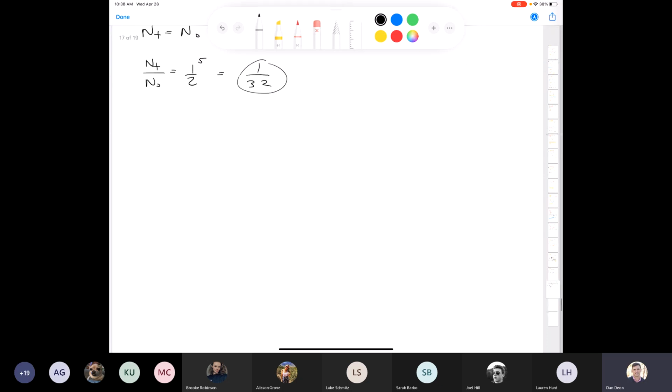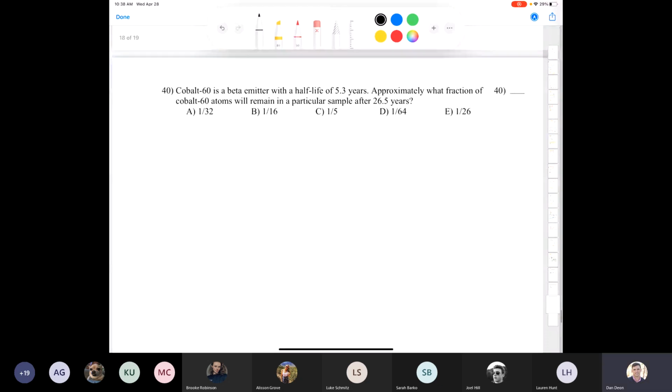And then the last question, question 40, says cobalt-60 is a beta emitter with a half-life of 5.3 years. So T1/2 is equal to 5.3 years. Approximately what fraction of cobalt-60 atoms will remain after 26.5 years? So our t is equal to 26.5 years.